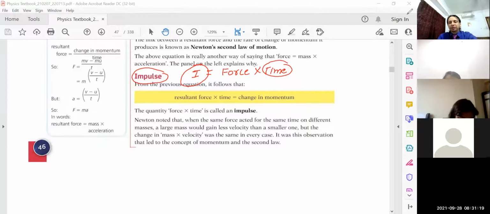First example: when a batsman hits a ball with a bat, the ball collides with the bat, and the batsman exerts some force on the ball, and the contact of the bat with the ball is for a very, very short duration of time. So impulse is there, impulsive force is there. I is equal to force multiplied by time.